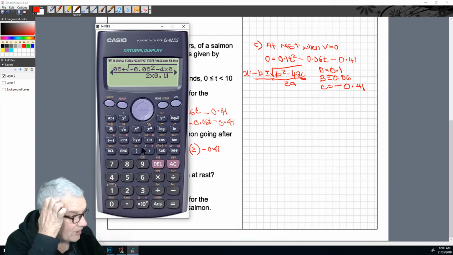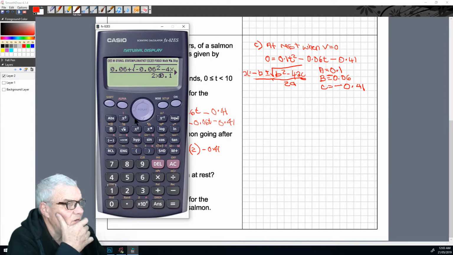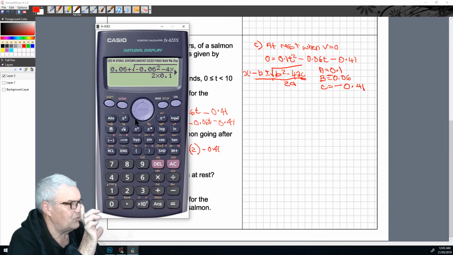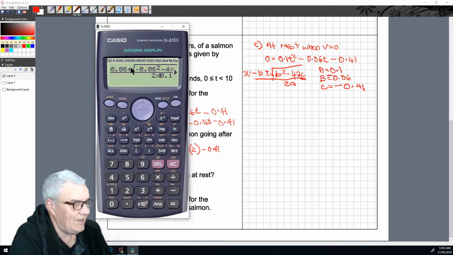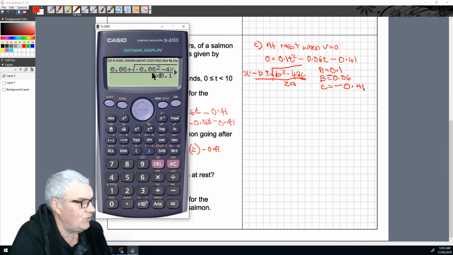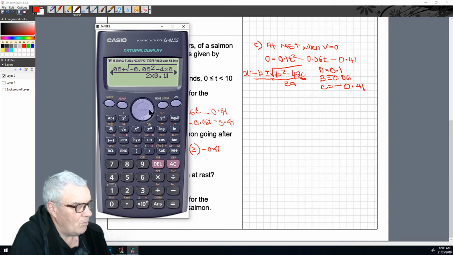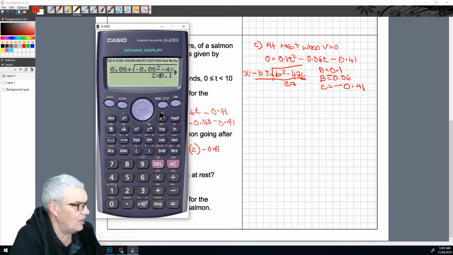Now it would pay to check that, I think. So let's just have a look. Minus 0.06, but because the b is minus, that'll become positive. So we've done that little bit in the head, and then plus the square root of minus 0.06 squared. We could have left the minus out because the square would have made it positive anyway. Minus 4 times 0.1 times minus 0.41, all over 2 times 0.1.